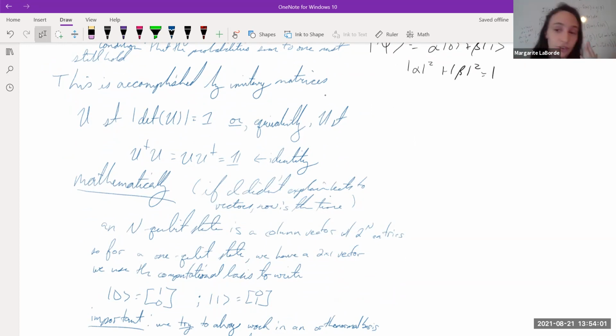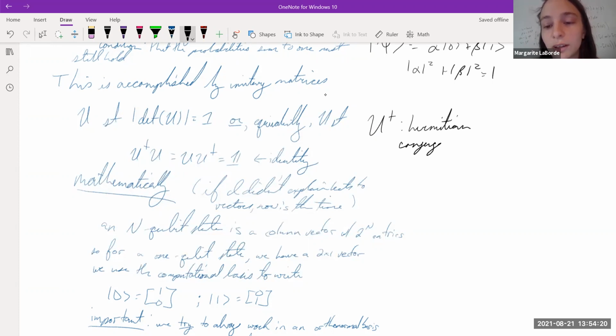Equivalently, and this is perhaps the more insightful mathematical way to look at it, you can say that U must be such that the Hermitian conjugate of U, which is just U dagger, otherwise known as the conjugate transpose, that times U is equal to U times the Hermitian conjugate is equal to your identity.